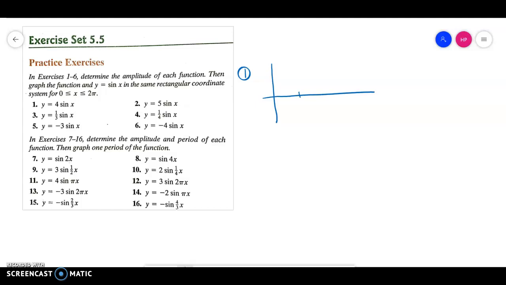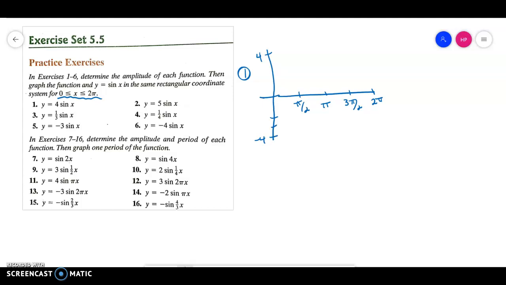And we are working in radians because it says 0 to 2 pi. So I have pi over 2, pi, 3 pi over 2, and 2 pi. And then I have a maximum of 1 and a min of -1. But if I look at my amplitude for this one, it actually has 4 times the sine of x down to -4.